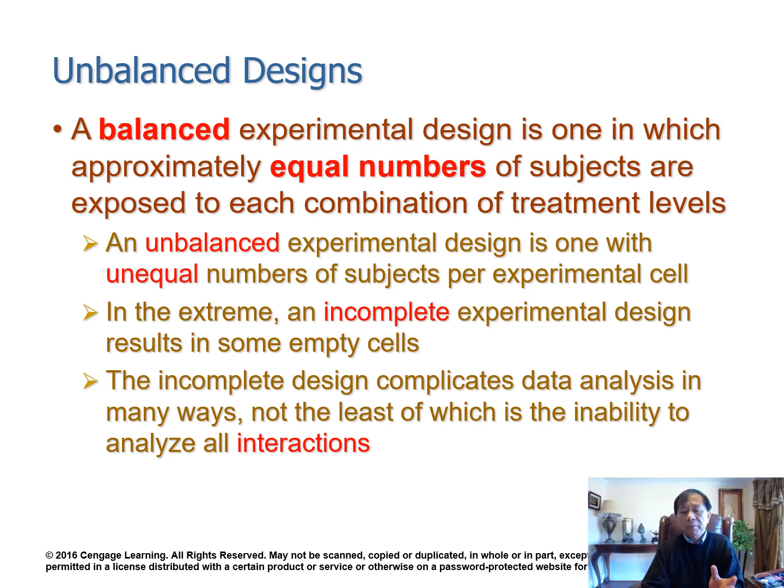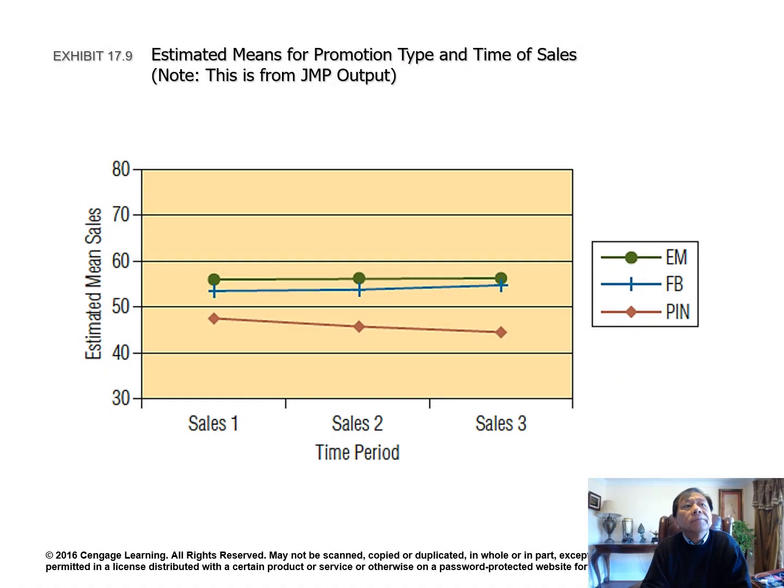If you don't have a number there, you cannot analyze the interactions. This is the estimated means for promotion type and time of cells. These are cells for period 1, 2, 3 versus estimated mean cells and the different promotions.